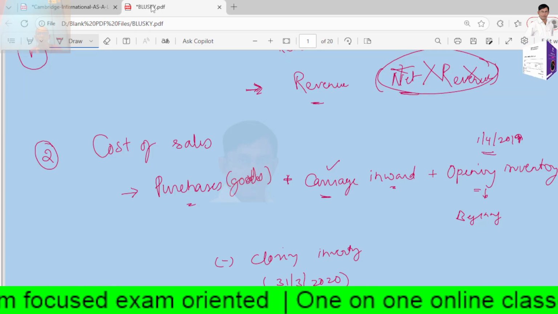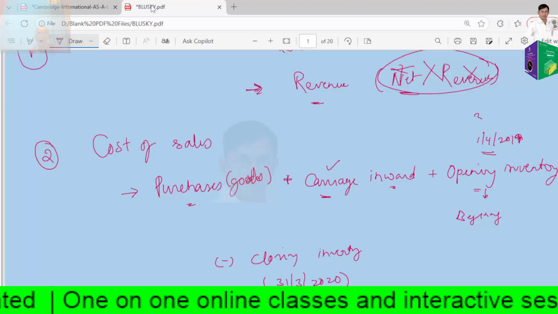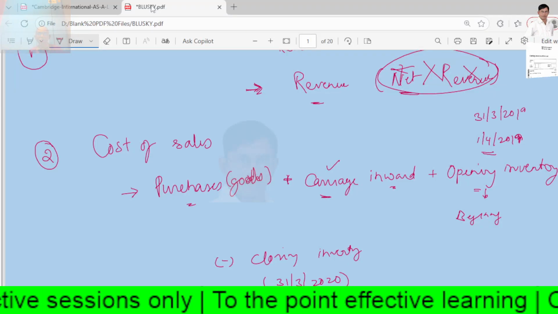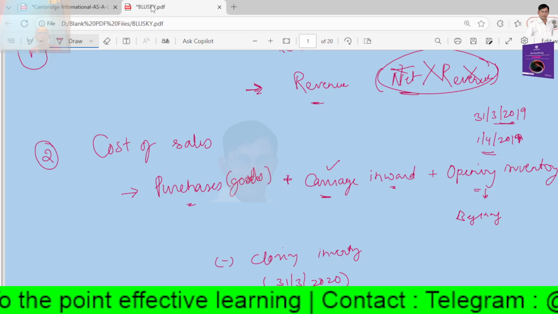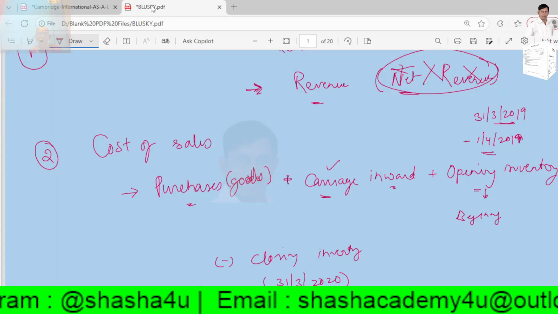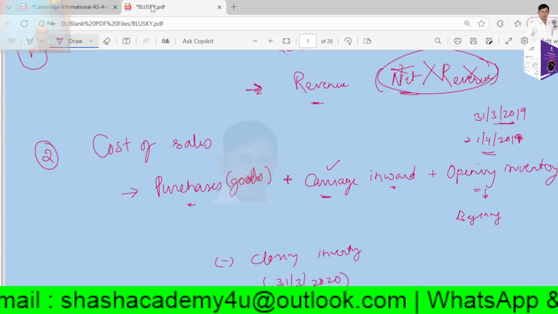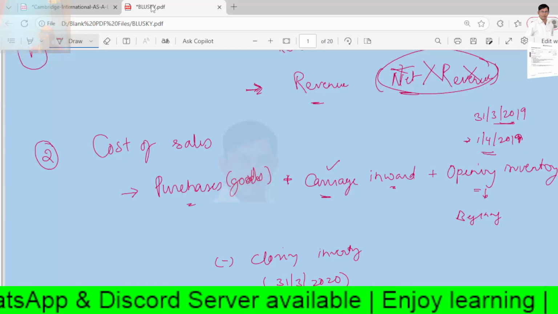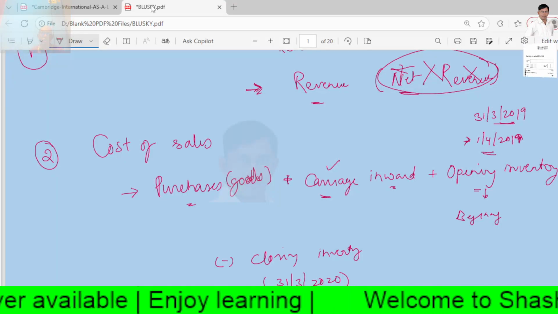We can also call the opening 31st March 2019. Normally we take 1st April. There is not much difference between 31st March 2019 and 1st April 2019, because it is a difference of only one night.